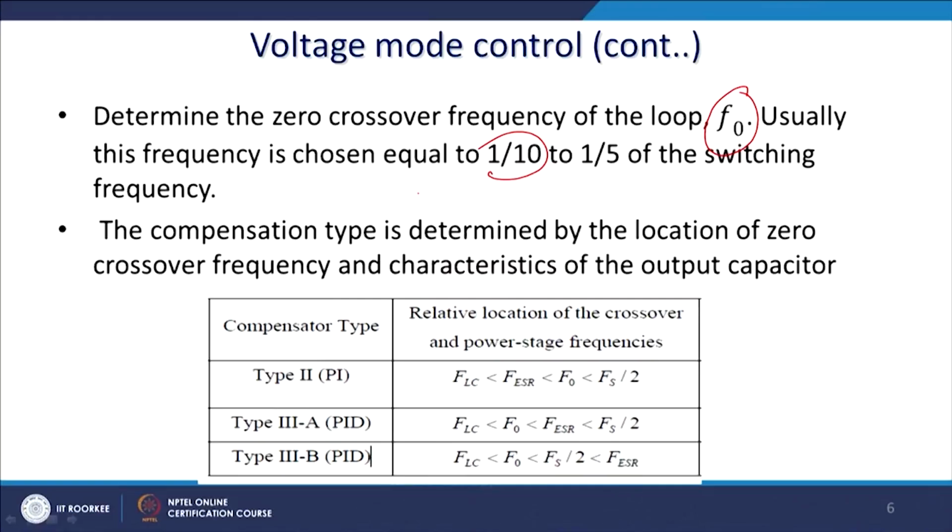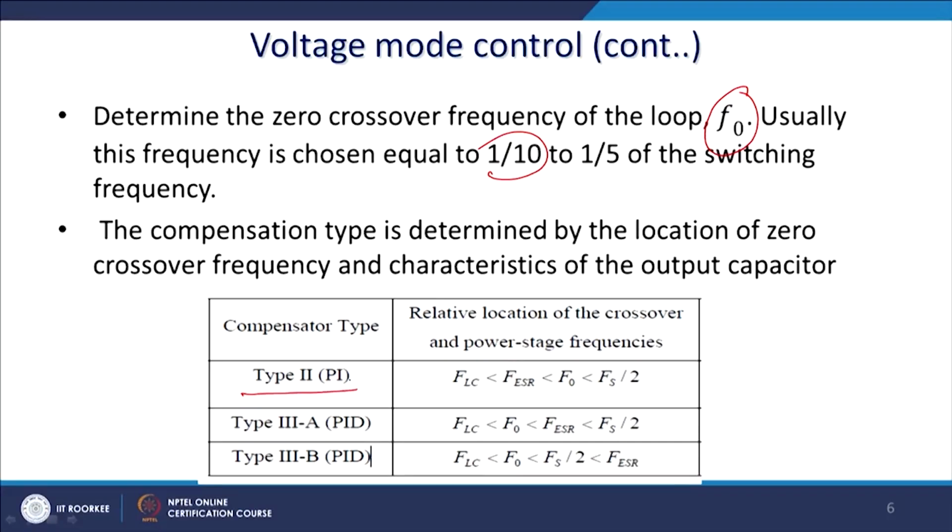The compensation time is determined by the location of the zero crossover frequency and the characteristics of the output capacitor. But unfortunately, the output capacitor's value is not very well known to us. There is some degree of uncertainty, because the value of ESR changes with frequency and also load condition. So we need to take a guess, and while designing we have to keep a few things in mind.